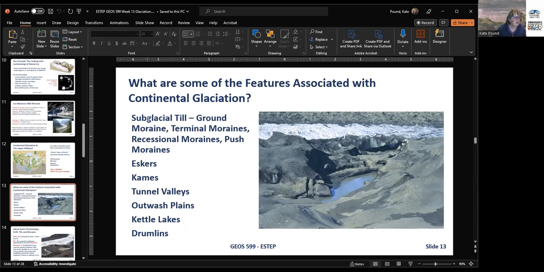What I want to really focus on first is what we call the glacial sediment. Before we do that, here we're in an area in front of a glacier, so a proglacial setting.